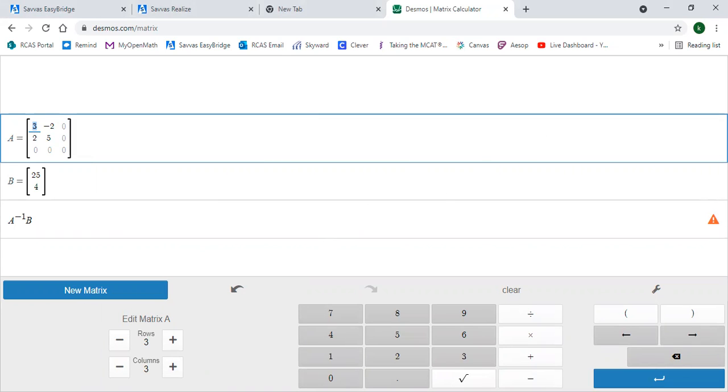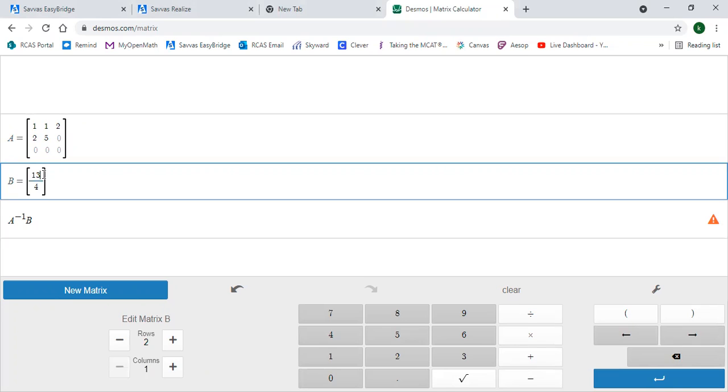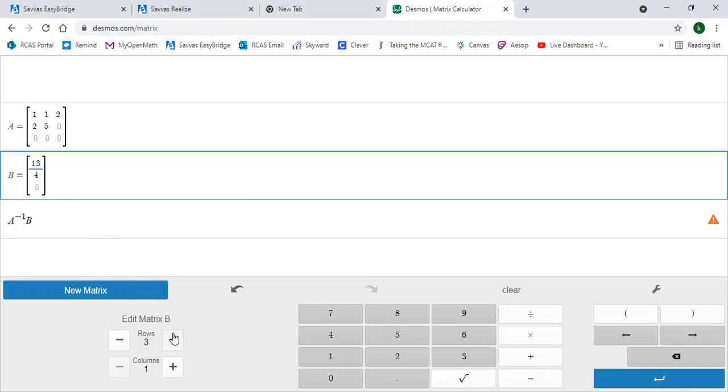Again, my original problem in the first row, it was 1, 1, 2 with an answer of 13. So 1, 1, 2. And then down here, the answer in that first row was a 13. I need one more row there.